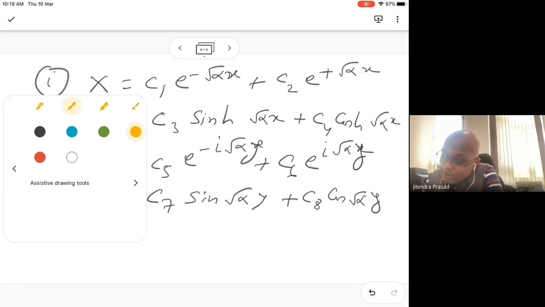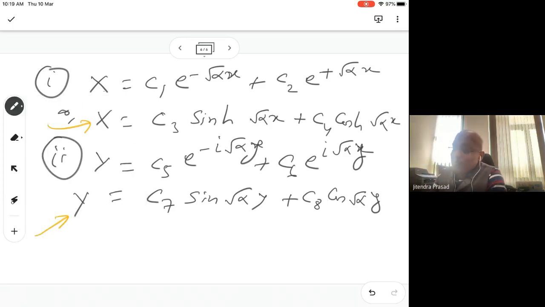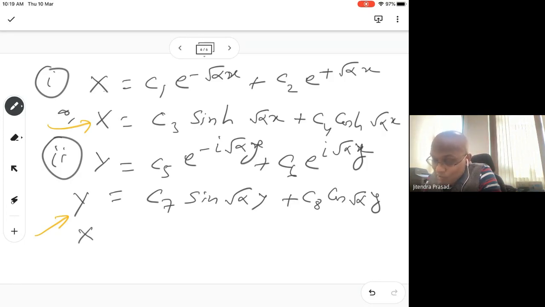Okay, now you have to apply the boundary condition. If you apply the boundary condition, then what happens? From 1 we have to apply it.